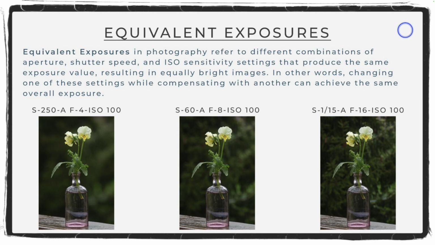Exposure is something we have to have. We have to have the correct exposure. If you look at these three images, they're all exposed exactly the same, so the amount of light entering the camera and creating that exposure is exactly the same. However, how we get to that is completely different. I did this in easy steps to make this understandable. Once again, we're always working in full stop increments.